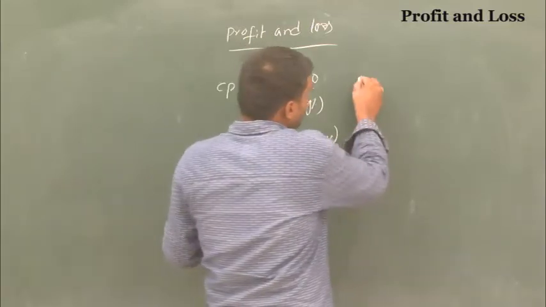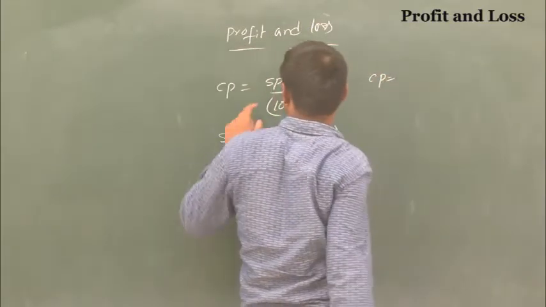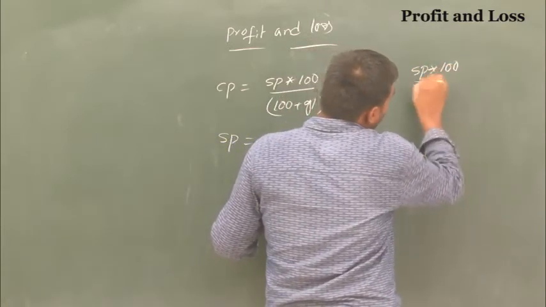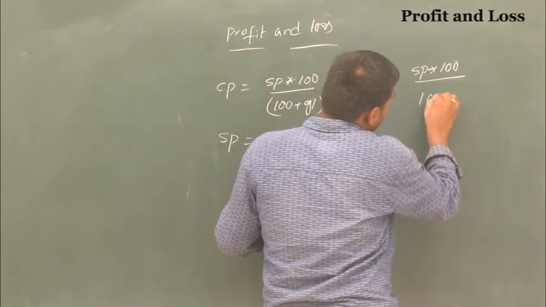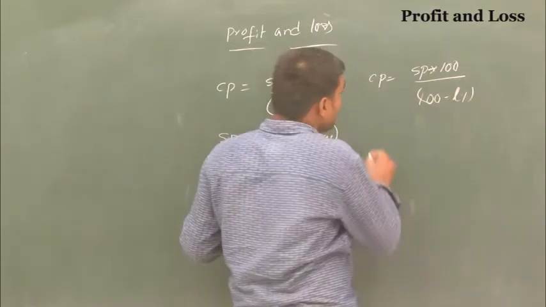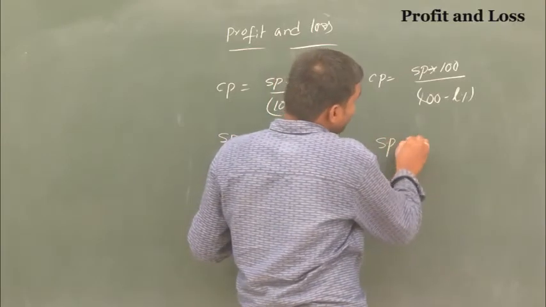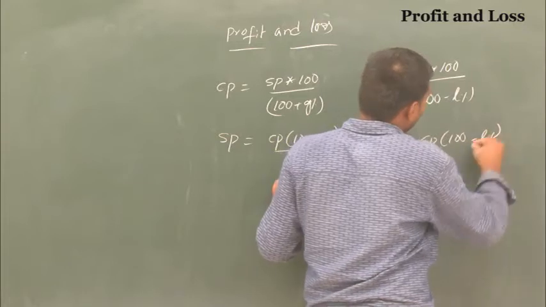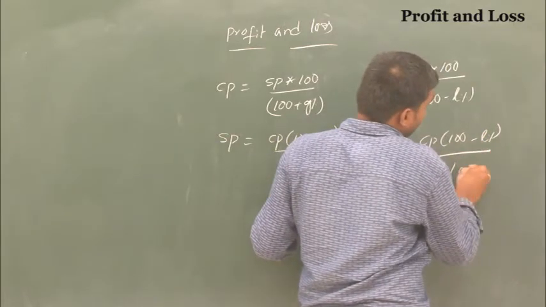Otherwise, CP equals SP into 100 by (100 minus loss percent). And SP equals CP into (100 minus loss percent) by 100.